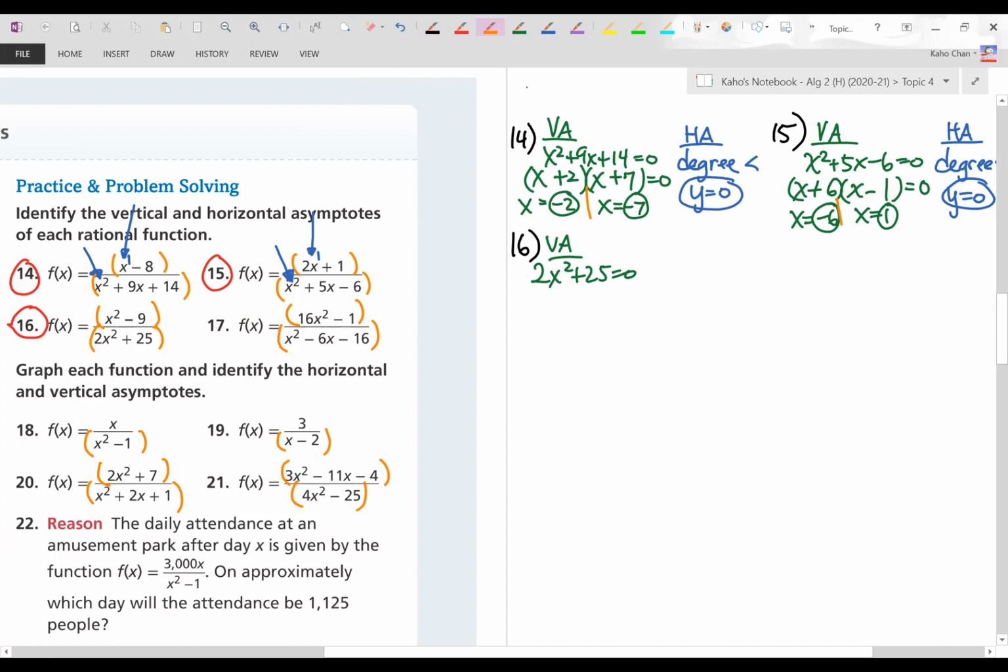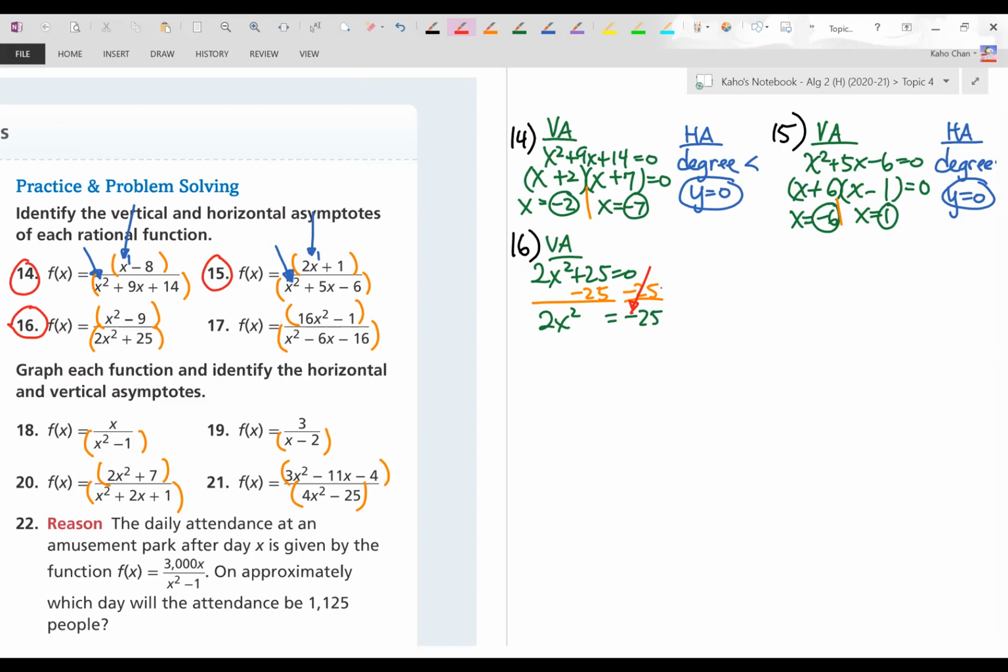It's not a difference of perfect squares. I can't take out a 2. If I move 25 to the other side by subtracting, ultimately, I will divide by 2 and try to square root into a negative number. That's a big red flag. You cannot square root a negative number without getting into imaginary numbers. And we're not graphing imaginary numbers.